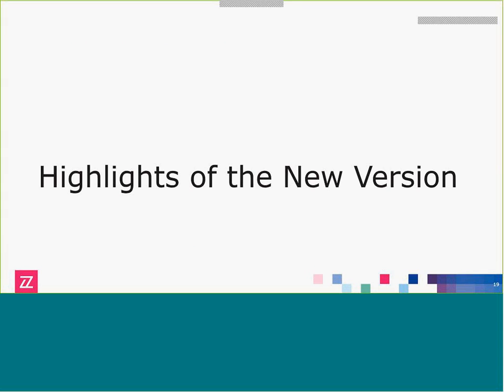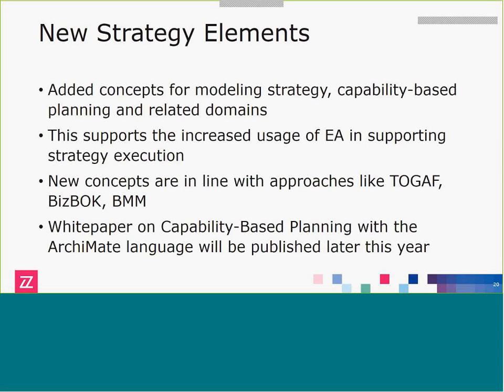Of this new version of the language, before we go into more examples, we have concepts for modeling strategic issues, capability-based planning as one important way of implementing strategy. So we'll see those, this really in strategy execution. Also in line with other approaches. TOGAF, of course, is a prominent one, but also you might be familiar with the BizBoK from the Business Architecture Guild.